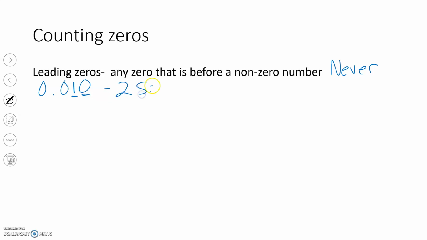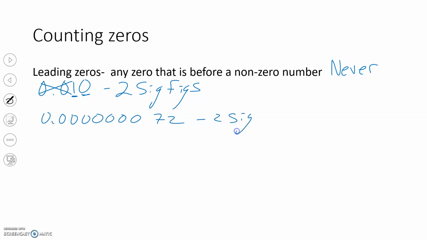So this has 2 sig figs. And it doesn't matter how many, like these in front don't count, and it doesn't matter how many they have, this still only has 2 sig figs. Here, our 7 and our 2 are significant. So again, leading zeros never count.